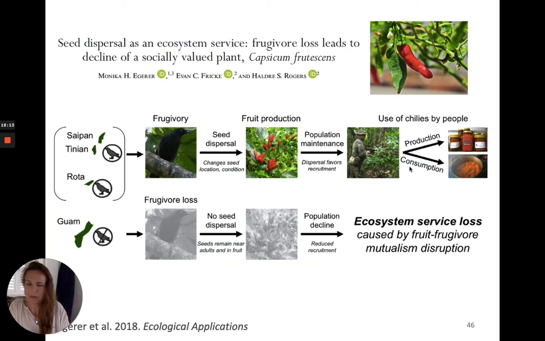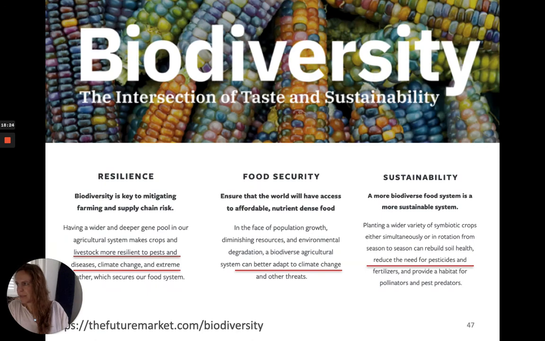And this is important because this species is used to generate profits and to generate food for the local farmers. Another important aspect to consider is biodiversity and the importance of biodiversity to ensure affordable and nutritious food for everyone on the planet.